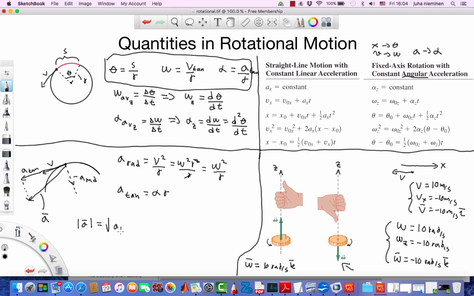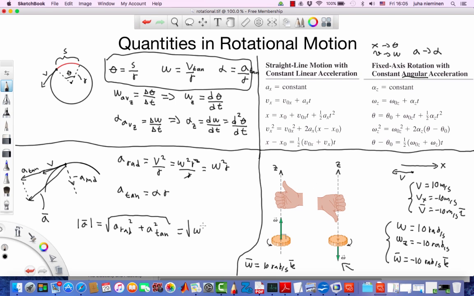So a radial squared plus a tangential squared, and the general expression then becomes, oh, there's a mistake, by the way. Of course, the r has to be there because those cancel.